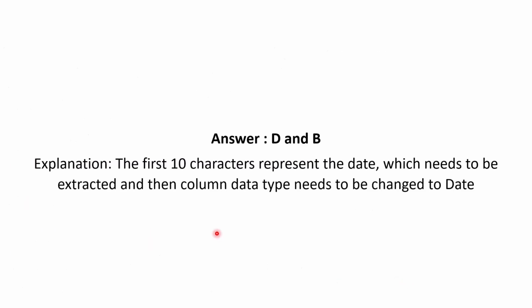So the answer for this question is D and B. First we are going to perform option D, and then we are going to perform option B. The explanation says that the first 10 characters represent the date which needs to be extracted, and then the column data type needs to be changed to date.